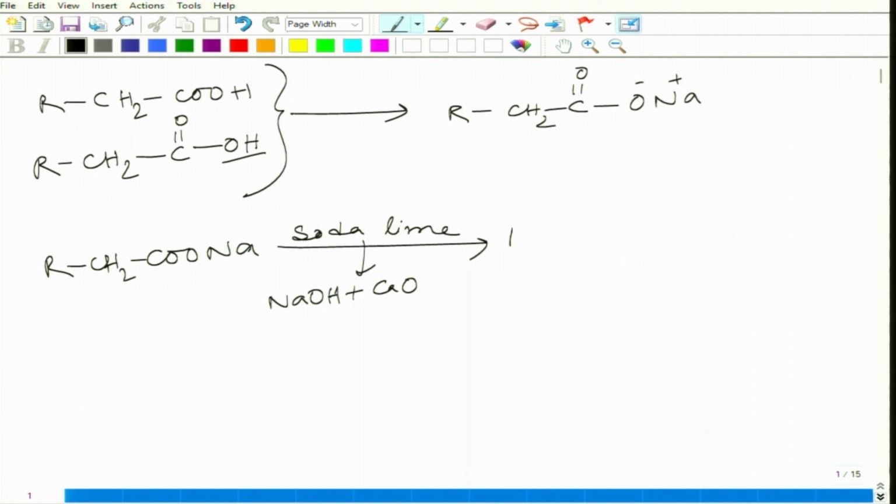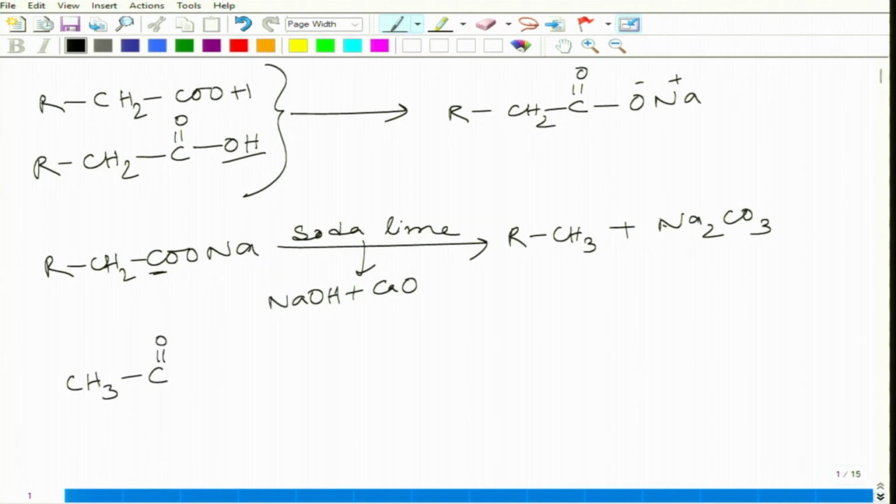It will give an alkane with one carbon less. See, one carbon has been liberated. Alkane plus sodium carbonate.